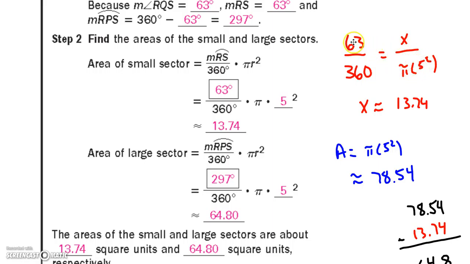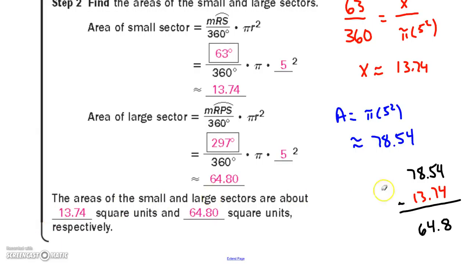And with a proportion, I could just simply do 63 times pi times 5 squared, or times 25, divided by 360. Remember the pattern for solving a proportion with one unknown: multiply the diagonal with the number in both spots, divide by the other. Okay, so then, as an alternative method for finding the area of the larger sector, I could get the area of the circle and subtract from it the area of the smaller sector, and what's left gives me the area of the larger sector.